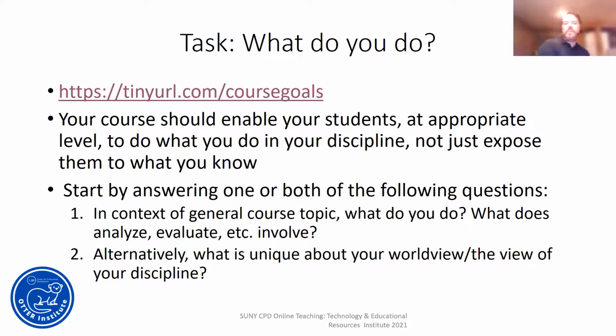Or alternatively, you could think about what is unique about your worldview, the view of your discipline, especially if it's a humanities course where it's more about thinking through a text or a close reading of a text. What makes the approach of your discipline and your course unique? So I'll give you a minute or two to think about that. And if you'd like to share in the chat, that would be cool.